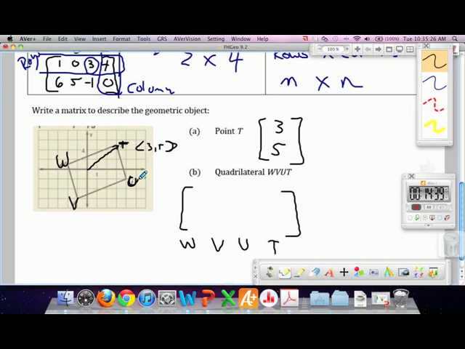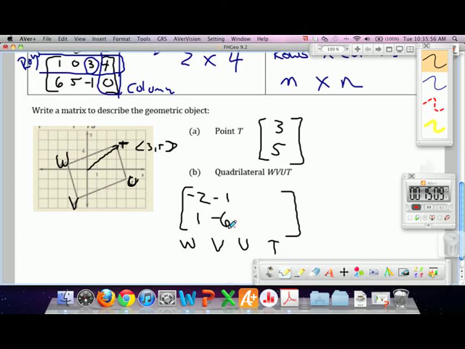So -2, up 1 takes me to W. What vector takes me from the origin to V? Back 1, down 2, 4, 6. So as a column, that's -1, -6. What vector takes me to U? Over 4, down 2.